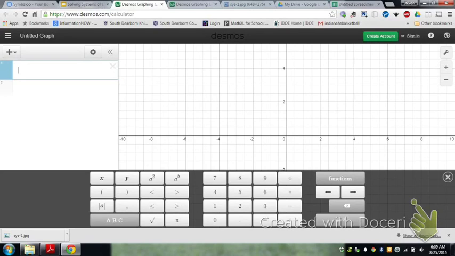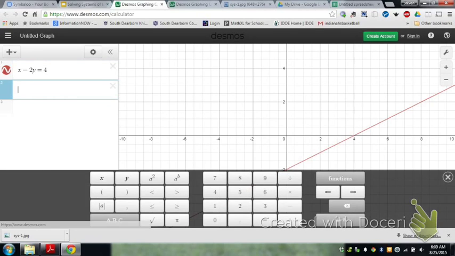With Desmos, we can put the equations in standard form. x minus 2y equals 4. And our second equation, 3x plus y equals 5.